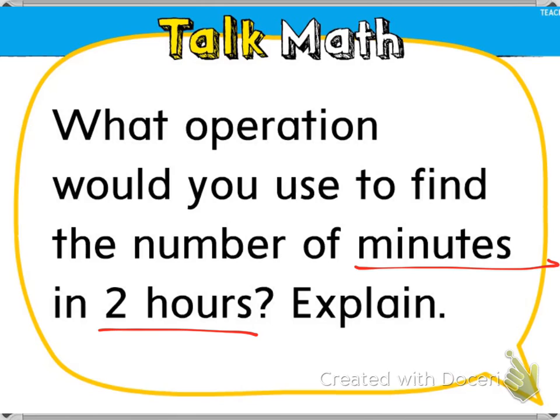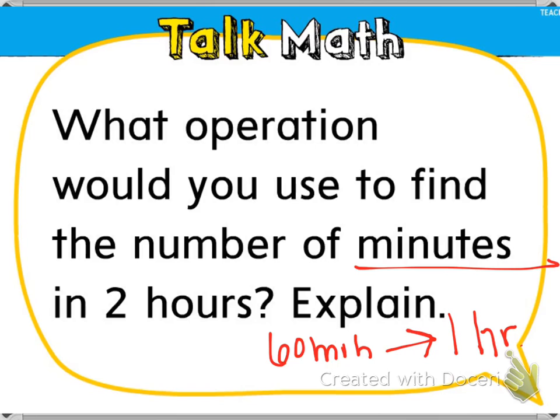Well, there are 60 minutes in 1 hour. So to find out the number of minutes in 2 hours, I would go 60 times 2. Multiplication is the operation that I would use to find the number of minutes in 2 hours. All right, very good. Thank you for watching.